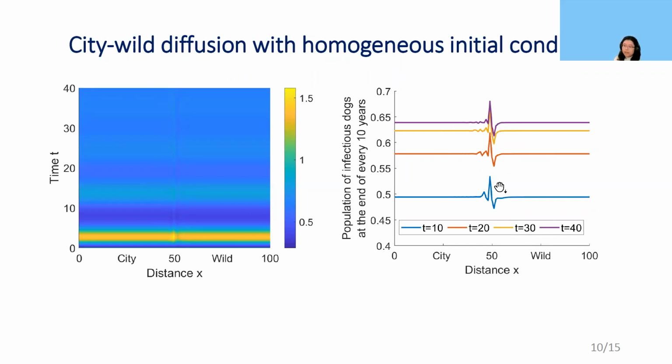This may be because the diffusion rate of wild dogs is much higher, so the chances for wild dogs to run into the city region are much higher. Once they run into the city region, their diffusion is hindered, so they slow down and accumulate on the city side near the interface.